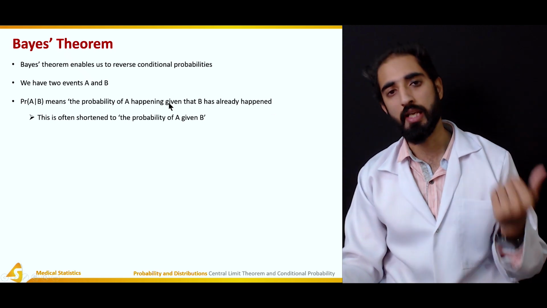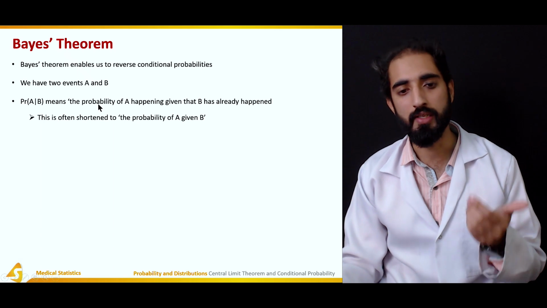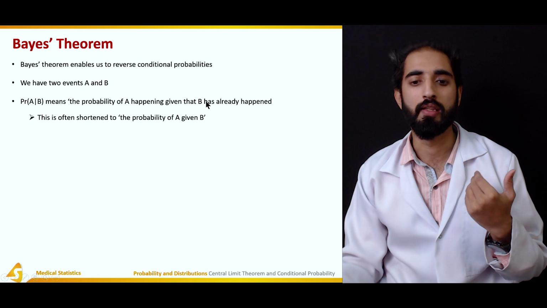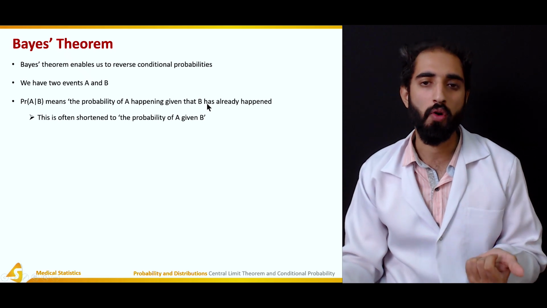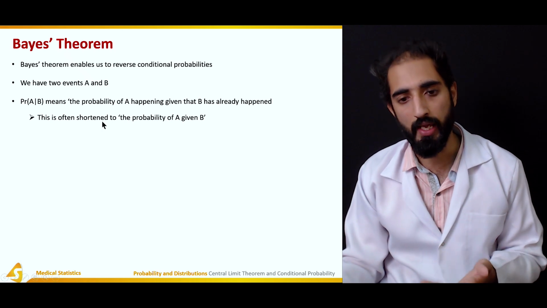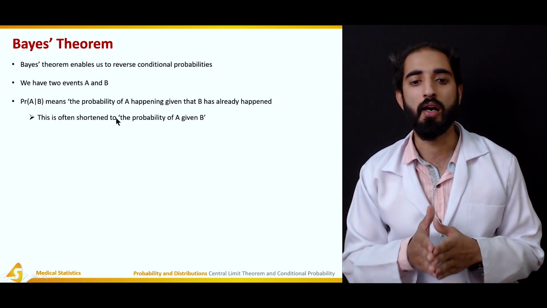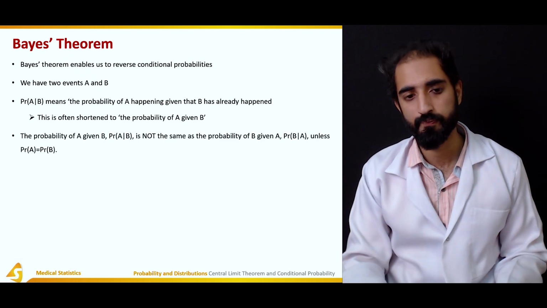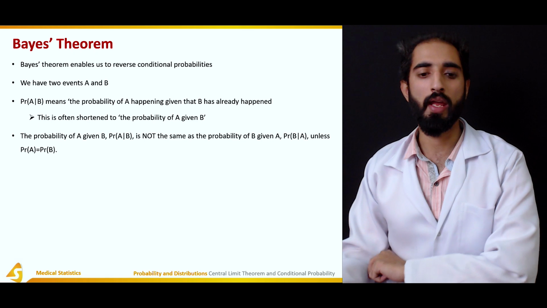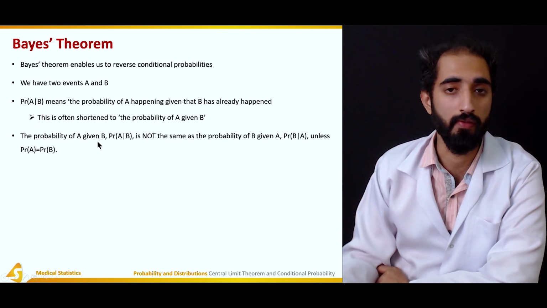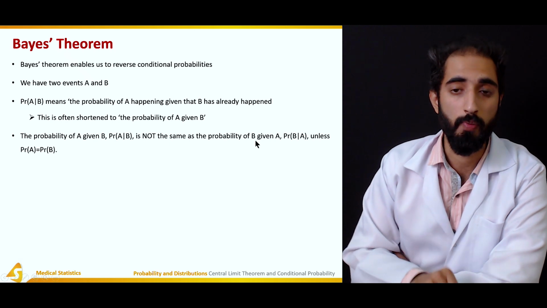Let's take the previous example: the probability of the disease to be present given that the test has already been positive. This is often shortened to the probability of A given B, like the probability of disease given the result is positive. The probability of A given B is not the same as the probability of B given A, as I already mentioned in the previous slide.